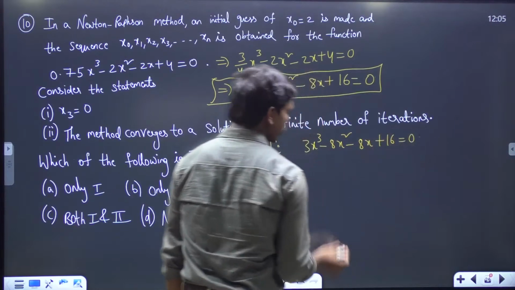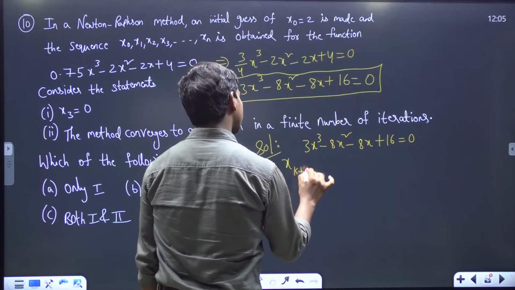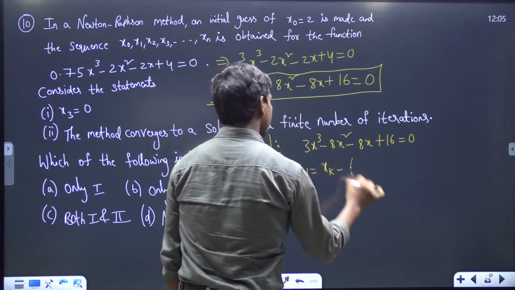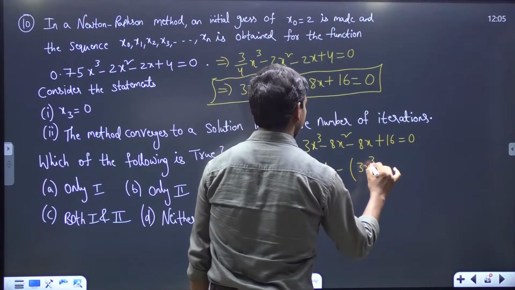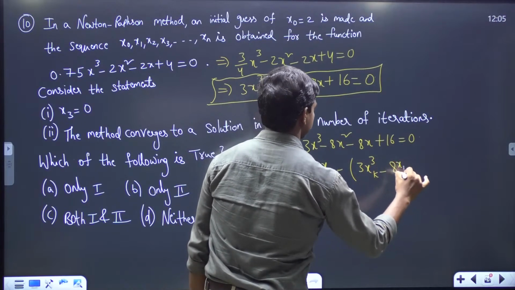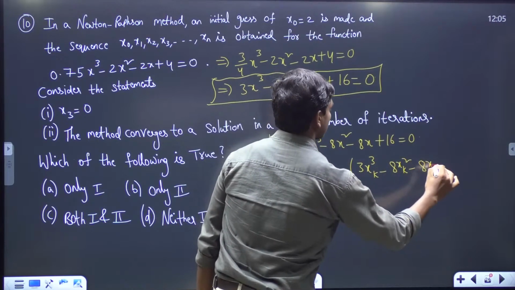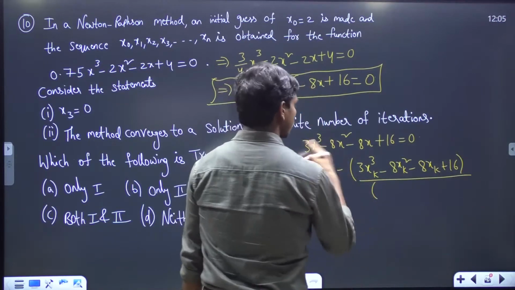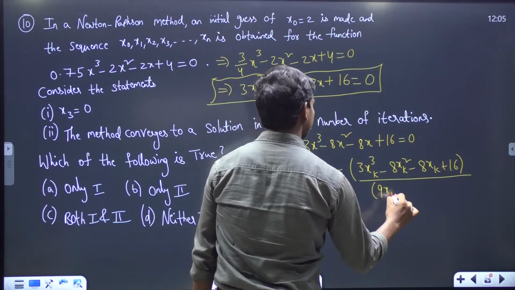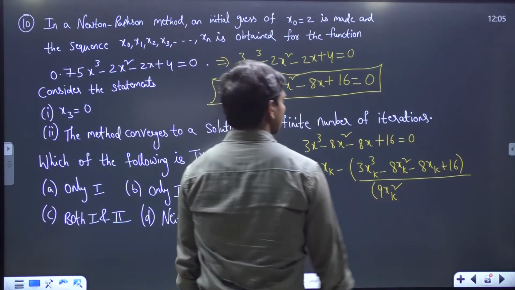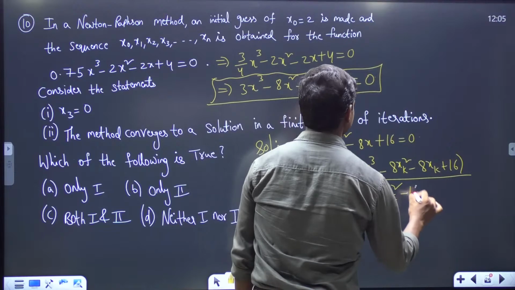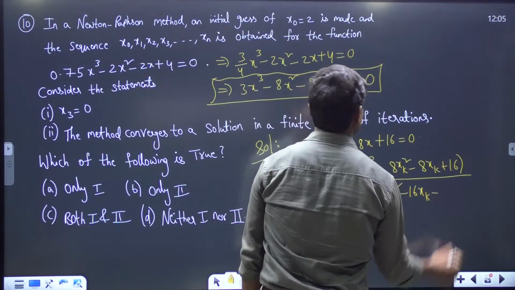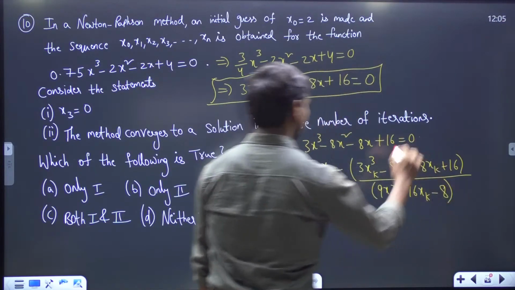So if you start developing an iteration formula, xk plus 1 is equal to xk minus f of xk divided by f dash of xk, which is 9xk square minus 16xk minus 8.